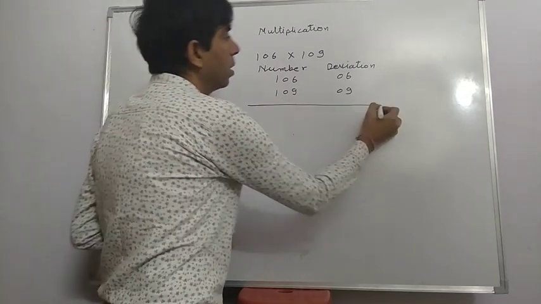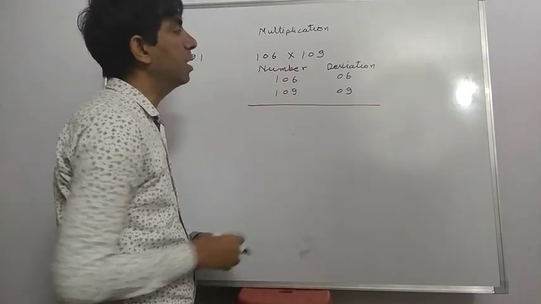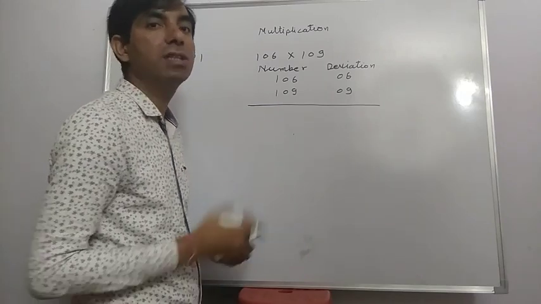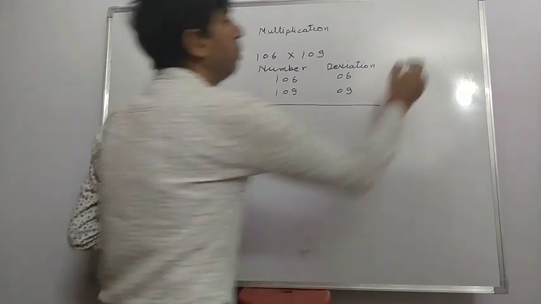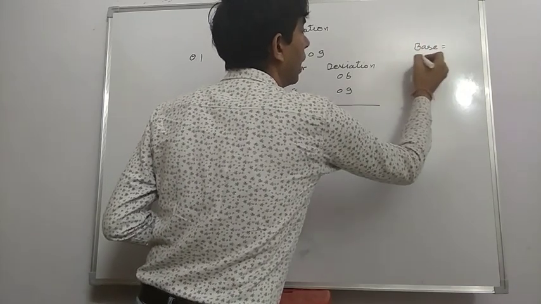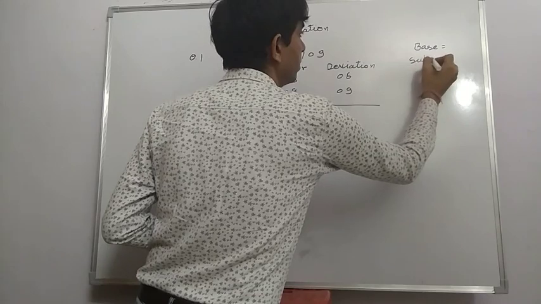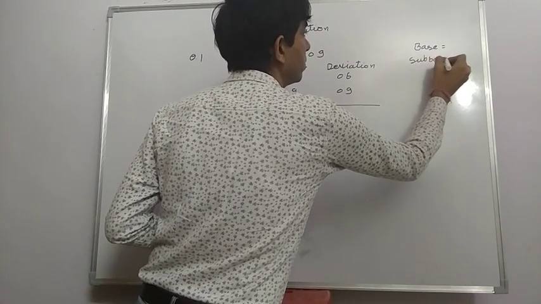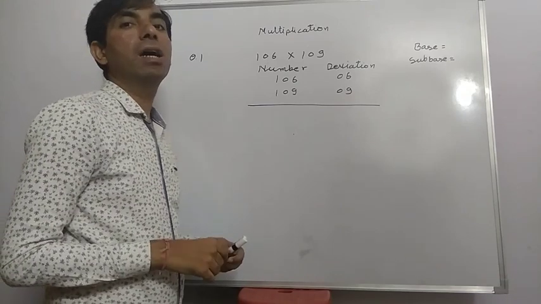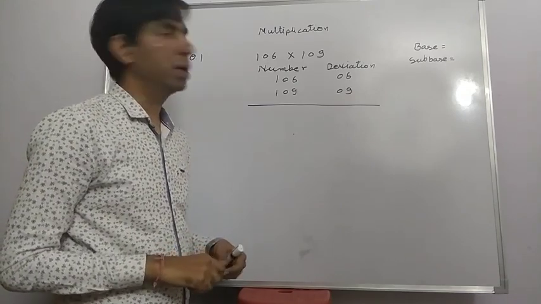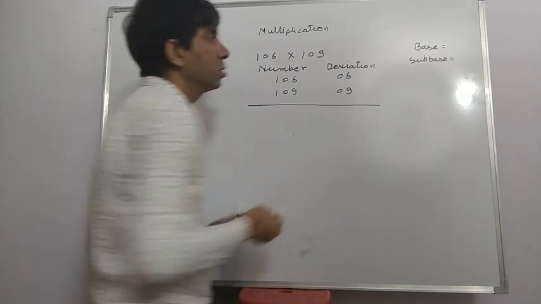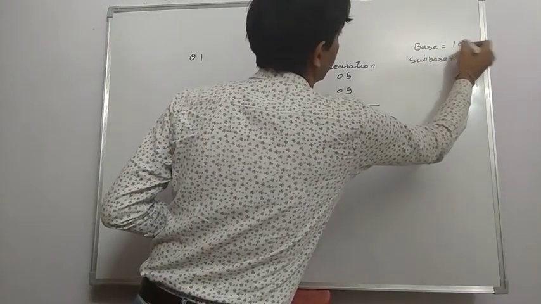Next time I will use the direct method, but here I have written all the things which can be used: the base and the subbase. Base means the place value of the simple number. Here the simple number is 100, and its place value is also 100, so the base is 100.